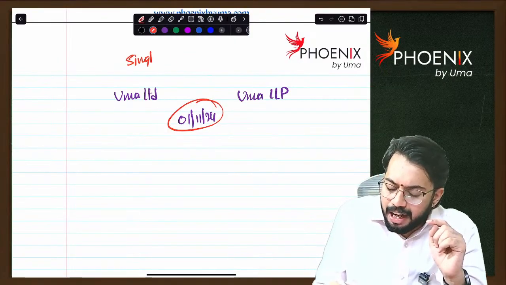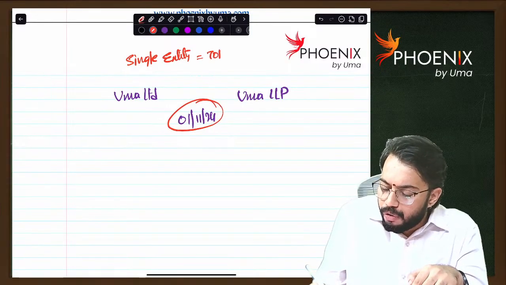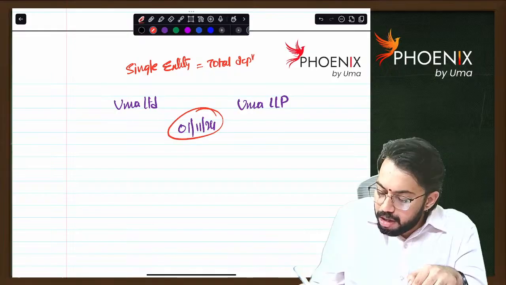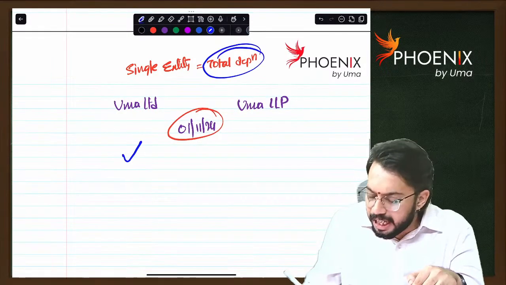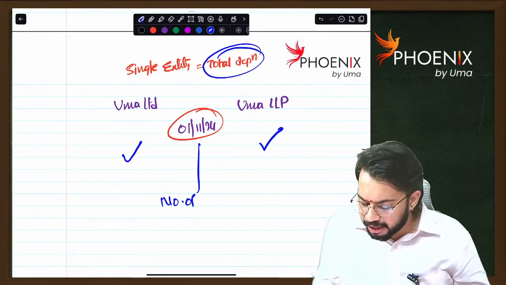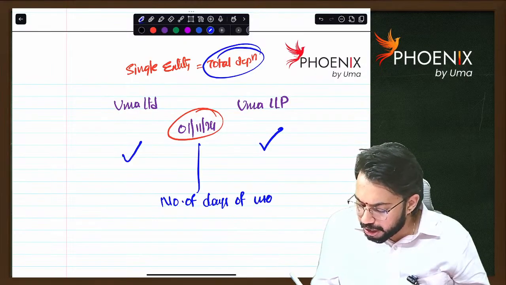We will calculate total depreciation. Whatever total depreciation is there will be allotted to the preceding entity and new entity based on the number of days of usage of the asset.